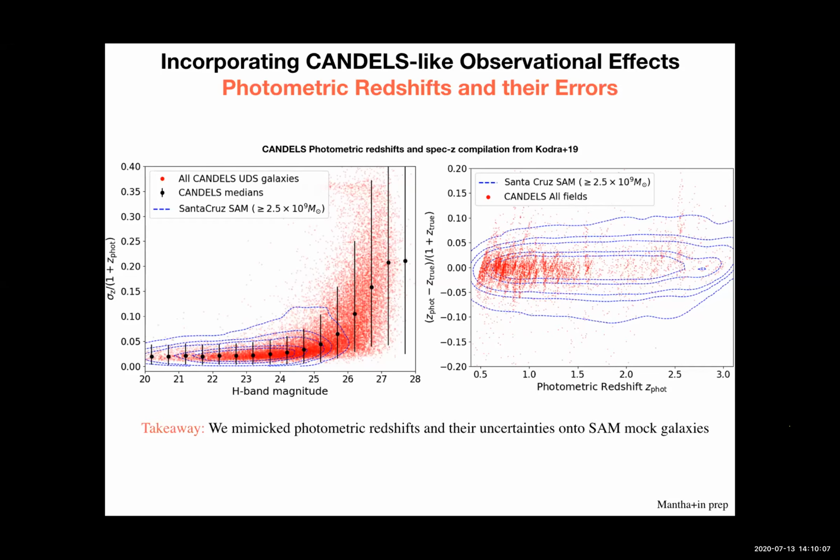On the right-hand side, I'm showing the difference between the true redshift in the SAMs for each galaxy versus the photometric redshift I assign, as a function of photometric redshift. And you can see that, the punchline is, we are statistically mimicking the photometric redshift properties of CANDELS galaxies in the SAMs.